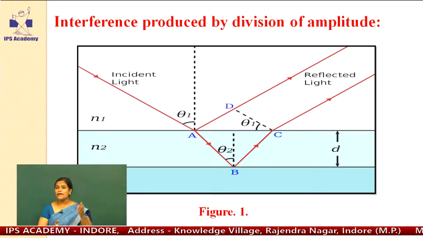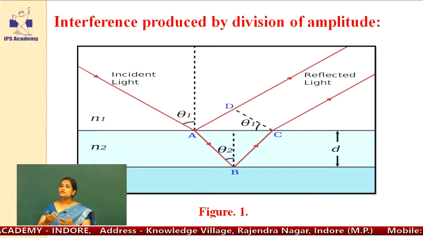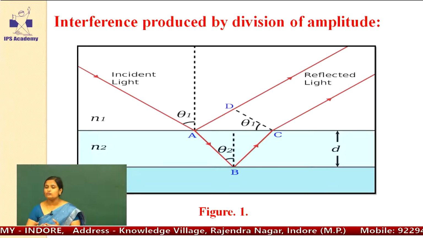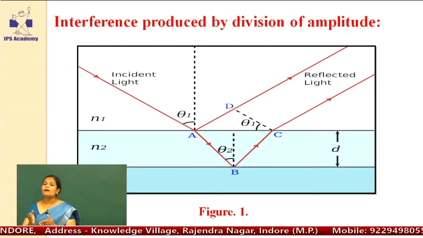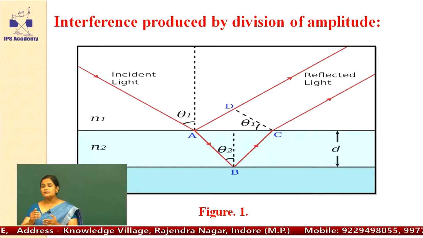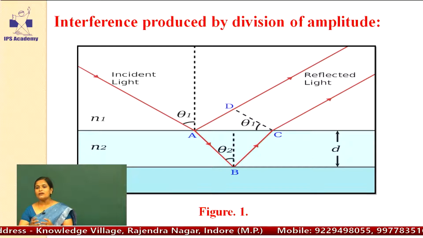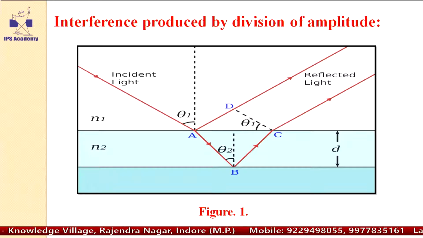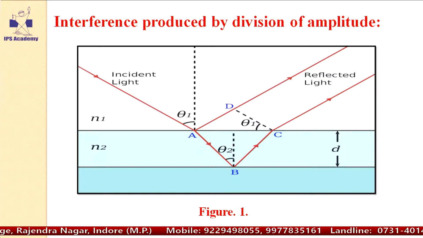So we can say the amplitude A divides into two parts, AR and AT. This is a division of amplitude. Afterwards again there is a reflection from point B to C, and from C there is a refraction process. So we have two light beams here, the reflected lights, and there is a superposition between these two light beams in the reflected region.